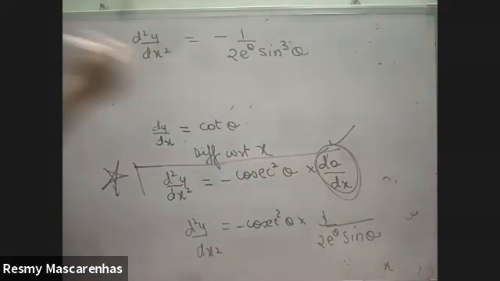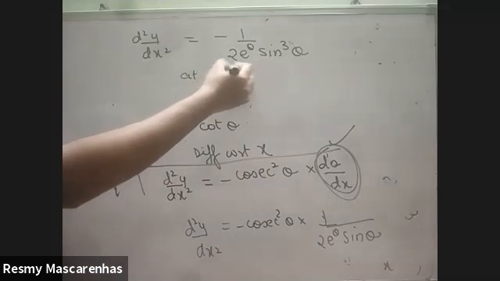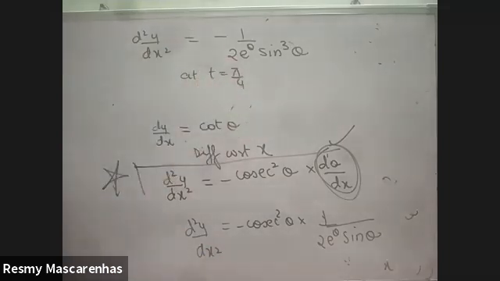So that's the answer. And at t equal to π by 4, put t as π by 4, that is 45°.